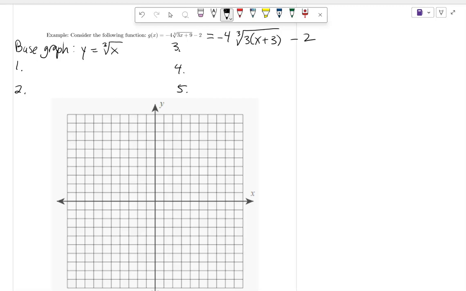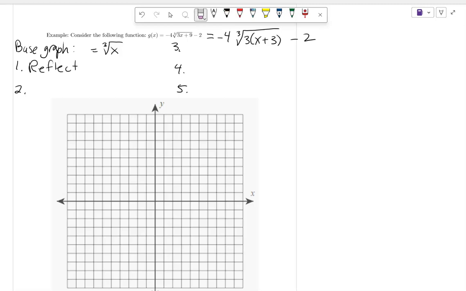Now notice I've got 5 numbers here. Hopefully you guys identified that there are going to be 5 different transformations that go on here. What's that negative do? Reflection about the x-axis. That'd be number 1 there. And again, notice that when we have it written this way, I literally am just going left to right.